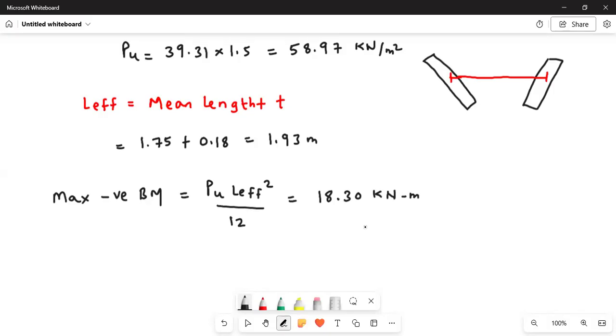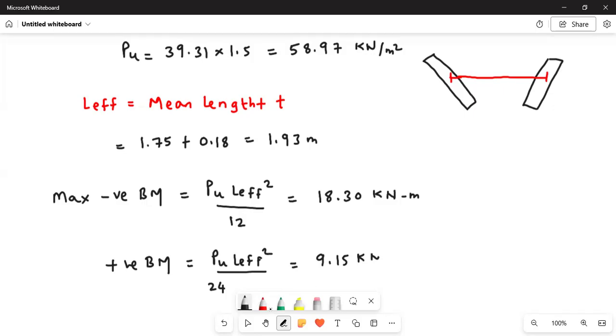In the same way, you can find the maximum positive bending moment. The maximum positive bending moment in the sloping slab in the hopper bottom is Pu L effective square divided by 24, which is equal to 9.15 kilonewton meter.